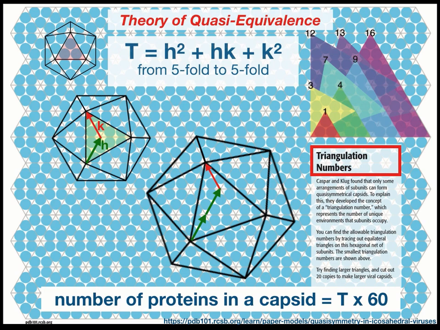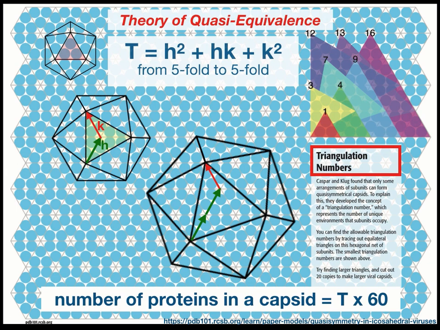So we have a virus in which the side of the icosahedron looks like this. We're going to have a particle that has 60 times 7 subunits. I don't know how much that would be, 420? 420.